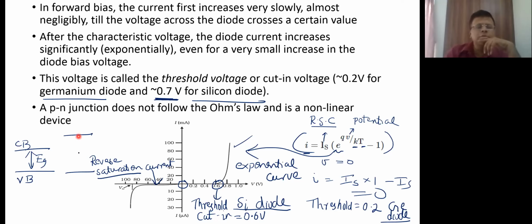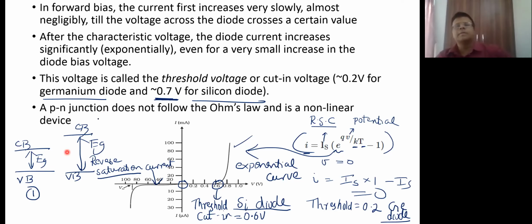Which is this one and which is that one? So is the first diagram of germanium or silicon? Anyone remembers the values which I gave in the last class? Germanium, correct. Because germanium has an energy band gap of how much?